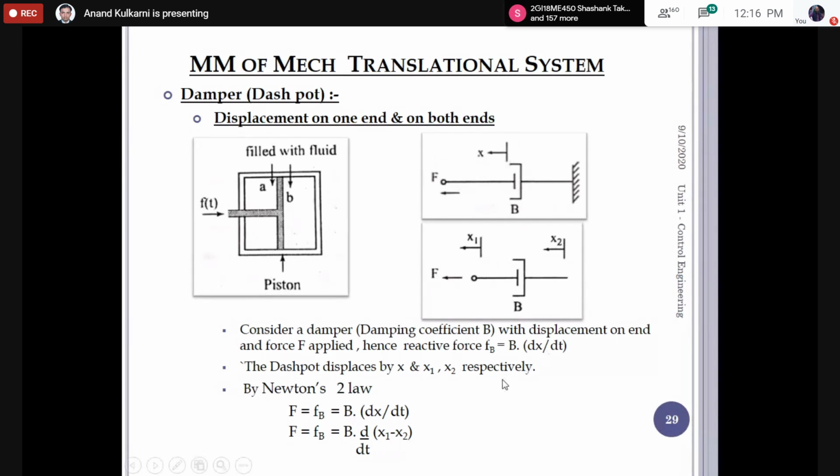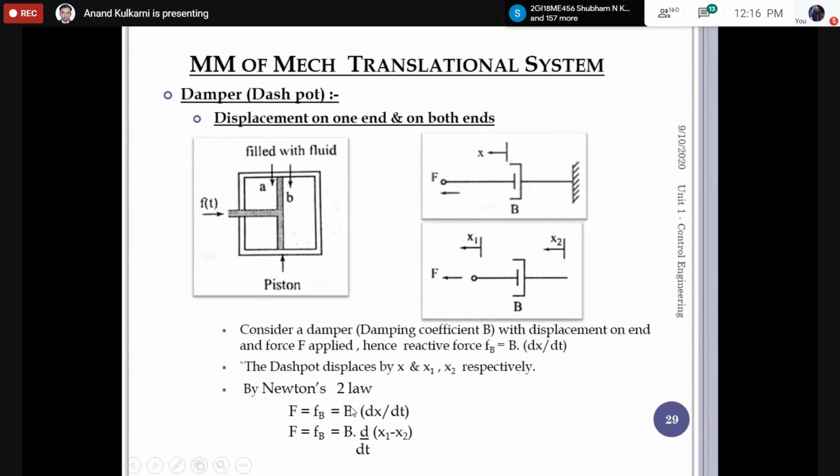In that case, how to write the differential equation of motion? Once again, by Newton's second law. Here the damping constant is represented either as a small f or as a capital B. Both ways are possible; basically, we are identifying it as friction.